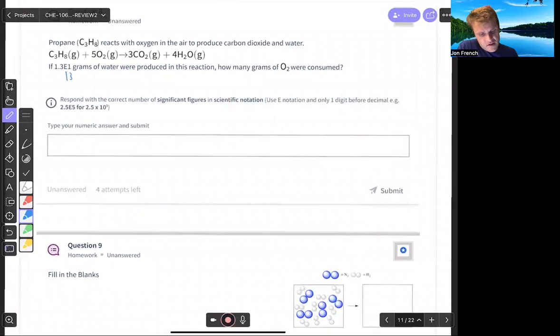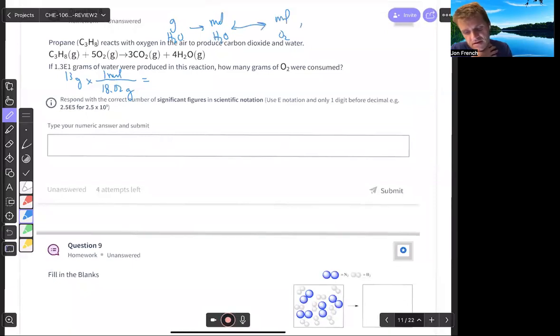All right, I've got 13 grams of water. I know that water is 18.02 grams per 1 mole. I need to go from grams of water to moles of water. Once I've got moles of water, I can use the mole ratio to find moles of oxygen, and then I can find grams of oxygen.